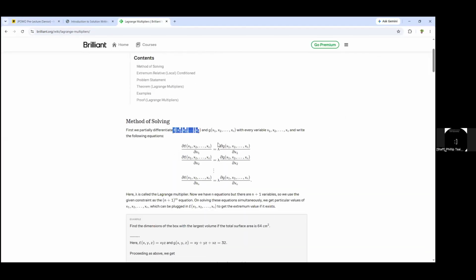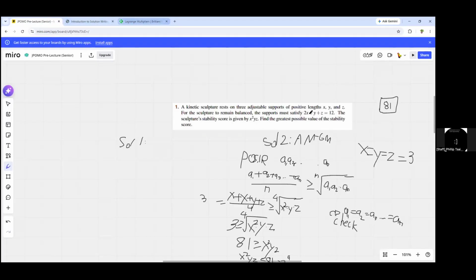So in here, we first take the partial derivative with respect to x, which in this case is 2.